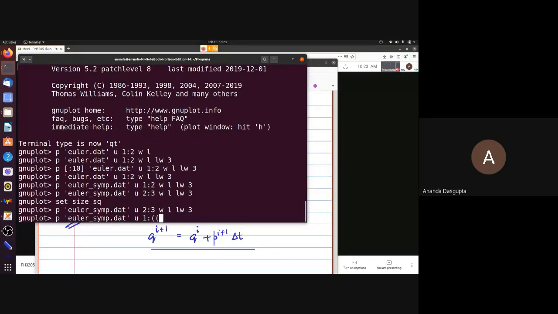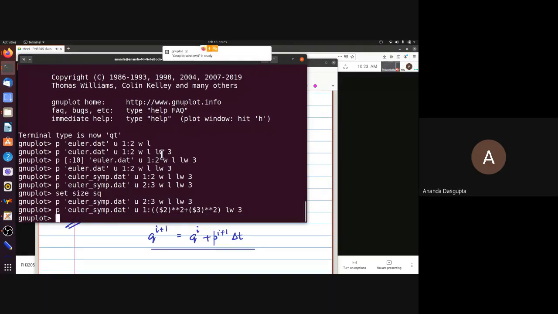Q is the second column, so that's $2 squared plus $3 squared, with, I think, lines would be essential here.